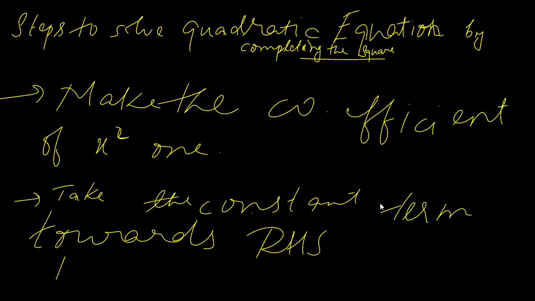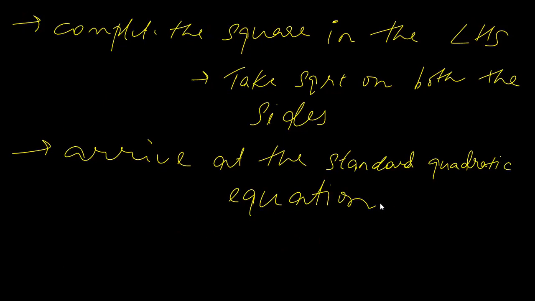Let me repeat the steps again. Make the coefficient of x square 1. Take the constant term towards the RHS. Complete the square in the LHS. Take the square root on both the sides. Many of you might not understand this, I will get it over here. Take the square root on both the sides.